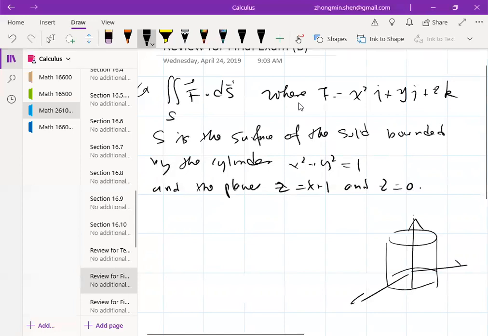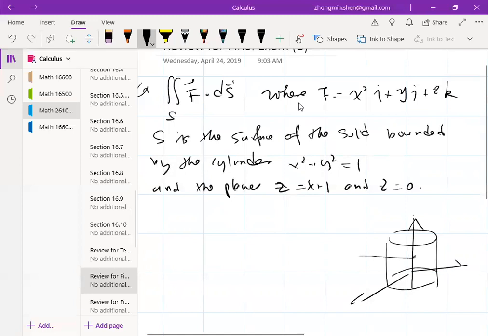In order to sketch that graph, look at the intersections. The plane z equals x plus 1 has no restriction on the y variable. The slope is 1 in the xz plane, and the z intercept is 1. It looks like that. Okay, this is a plane.